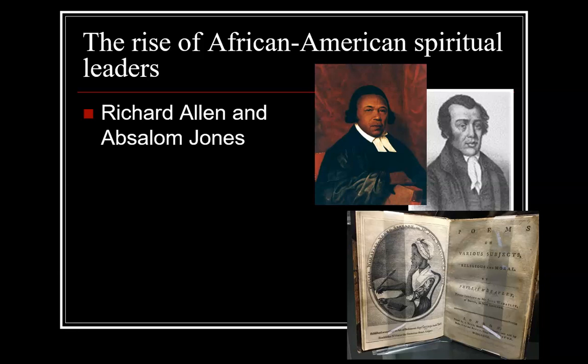Sometimes also separated between men and women, but definitely a separation between the blacks and the whites. In November of 1787, for example, some of the white trustees of the church there forced blacks from the front rows of the gallery to seats even further back, and so the black members just decide to exit the church altogether.